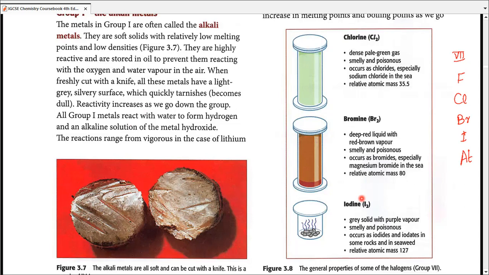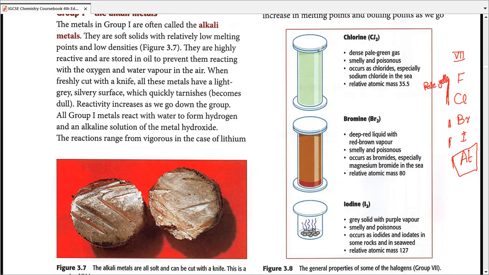Can you predict the color of astatine? Of astatine, the last element. Now, let me again repeat. Their colors were pale. This was slightly dark. This is more dark. Now you're supposed to predict the color of astatine, the last element. It would be a color near to black.